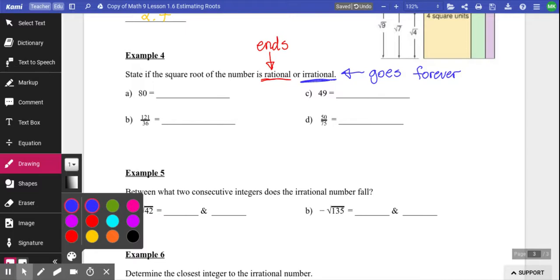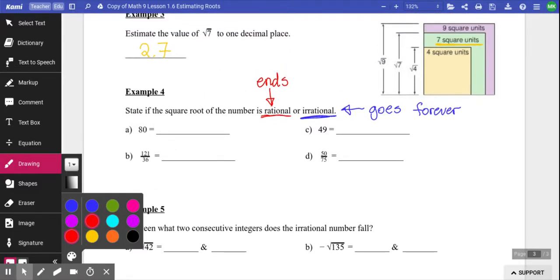So for instance, you know how sometimes in your calculator you'll get like 3.33333333 and it's repeating? That counts as a rational number even though it never ended. So we say it repeats or ends. Numbers that go forever and never repeat are irrational.